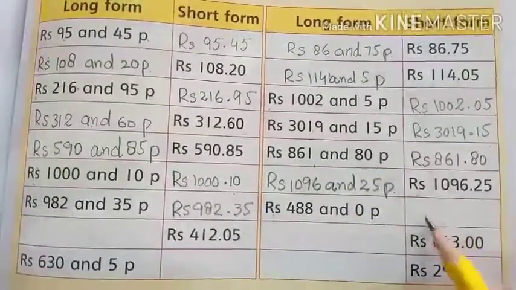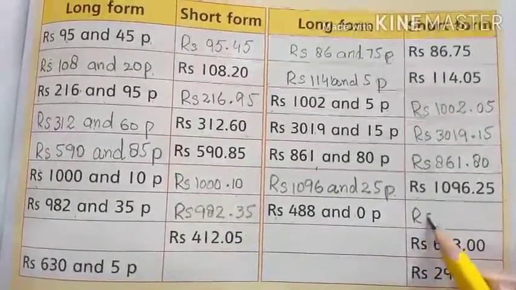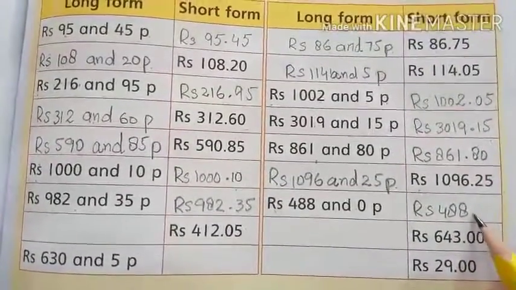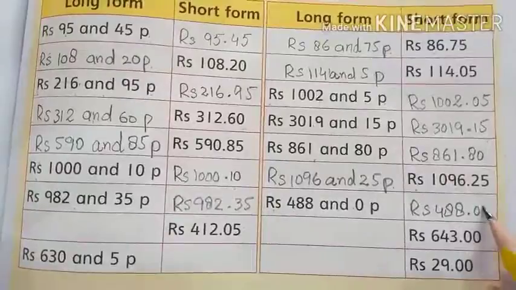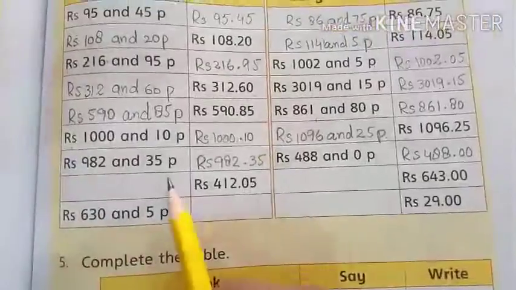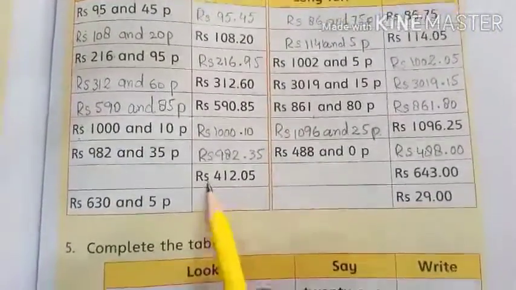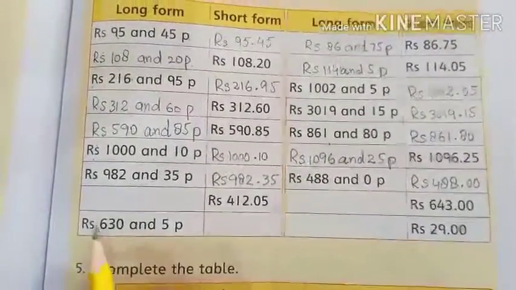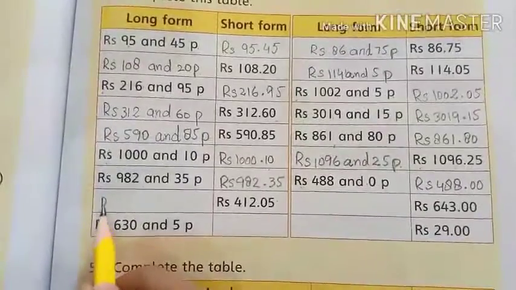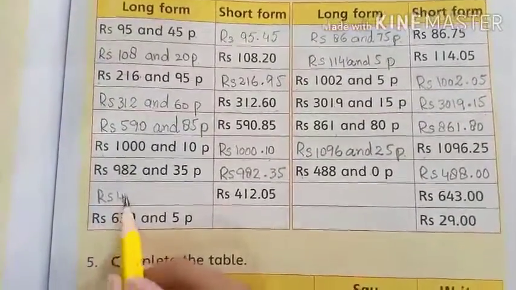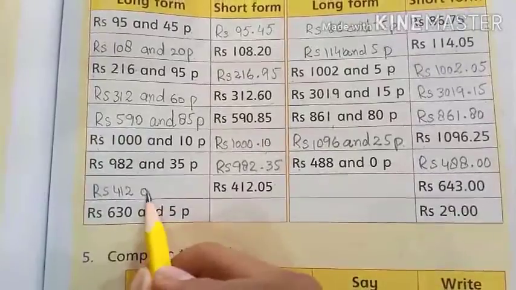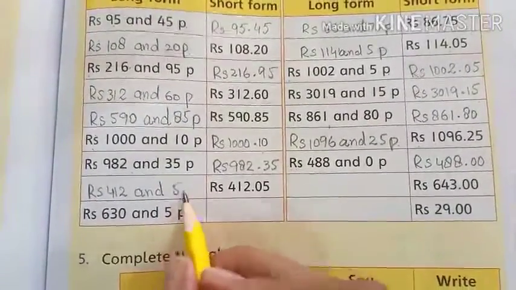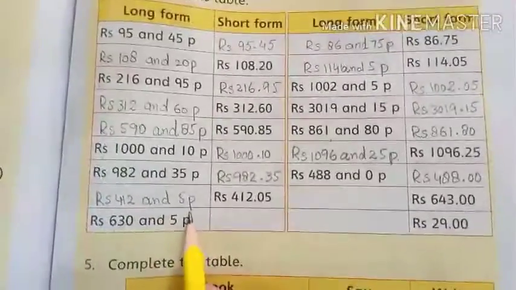We will write in the short form rupees 488.00. The next one is in short form, rupees 412.05. We will write in the long form like this: rupees 412 and 5 paise. This is the long form.